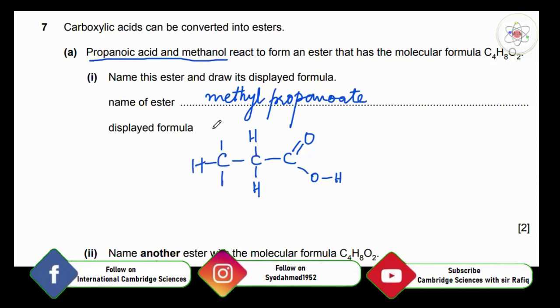So this is the structure of propanoic acid. So what you have to do, you have to remove this hydrogen, and this hydrogen will be replaced by the alkyl group of the alcohol, and that is methyl, CH3. So this is the displayed formula of the ester.